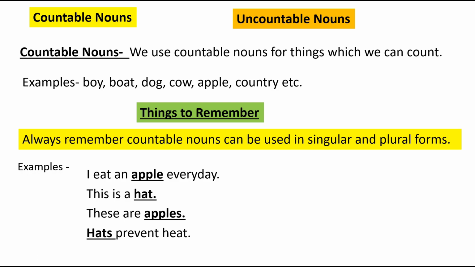So apple and apples are the singular and plural forms of the countable noun apple. Hat and hats are also the same. So always remember that countable nouns can be used in singular and plural forms.